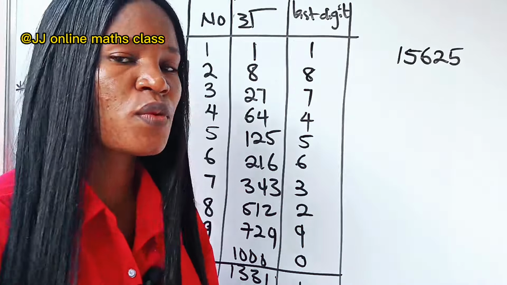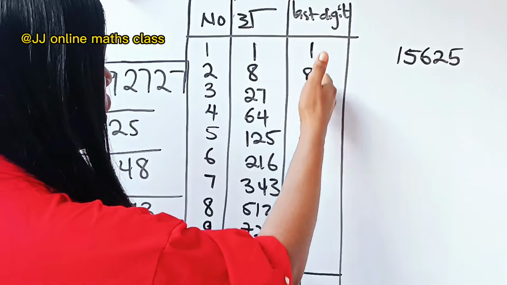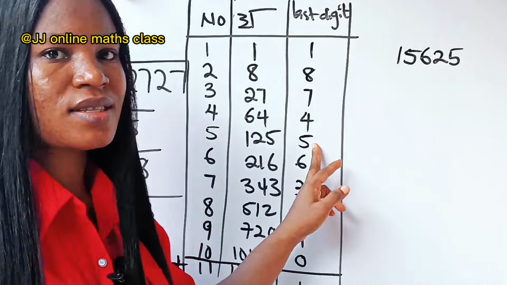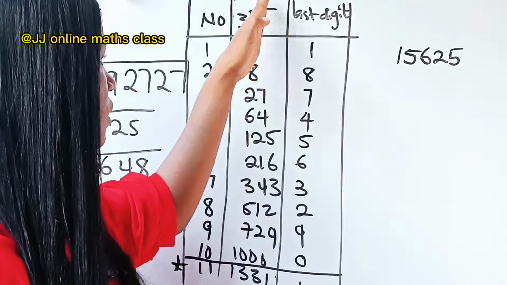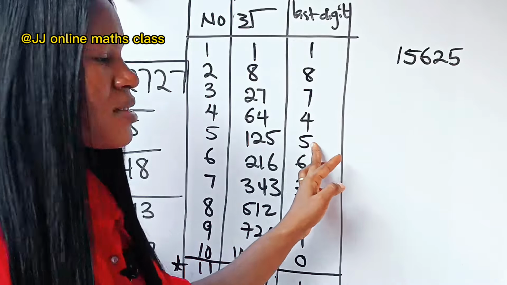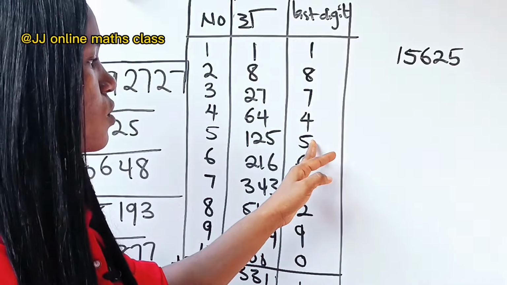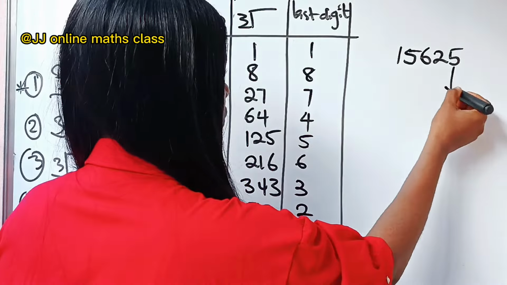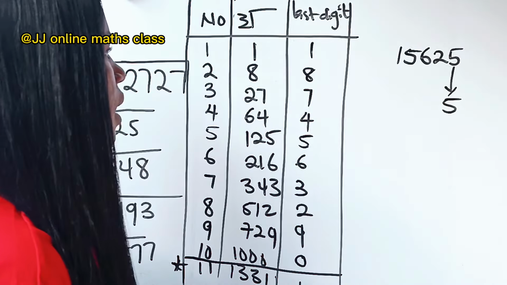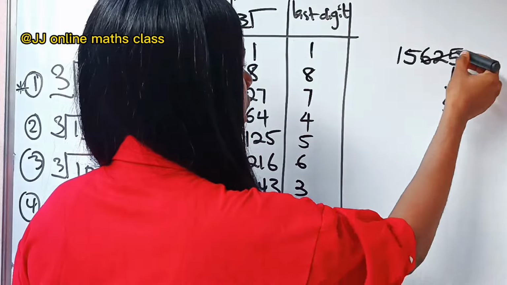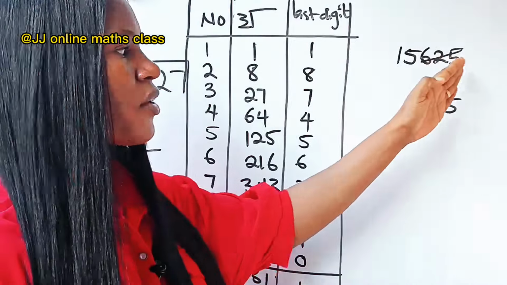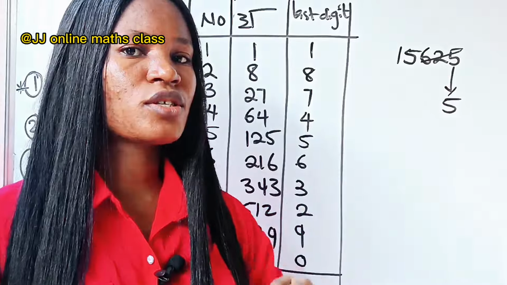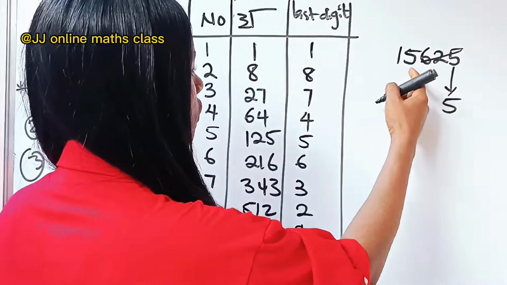The first thing we need to check is which of these cubes has 5 as its last digit, and the number is 5. So we are going to bring out the 5. Then we cancel the last 3 digits of the number, and we are left with 15.